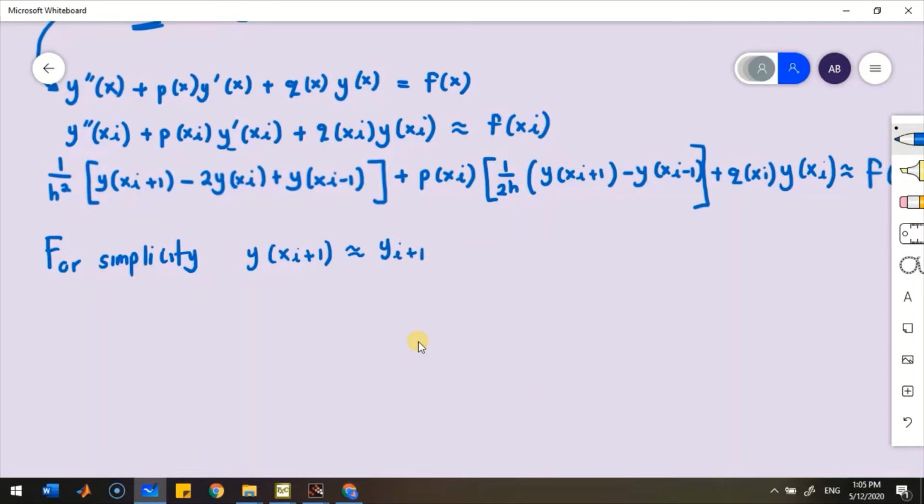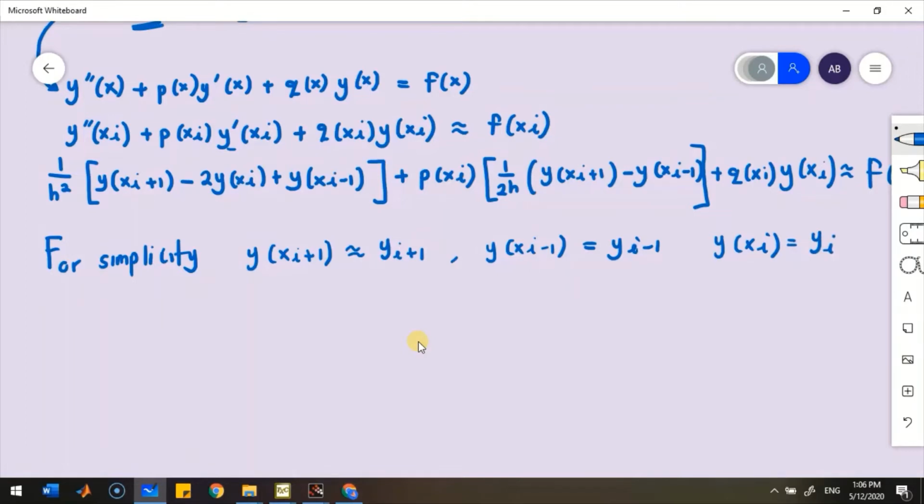Similarly, y xi minus 1 I will write as yi minus 1, and y at xi I can write as yi.